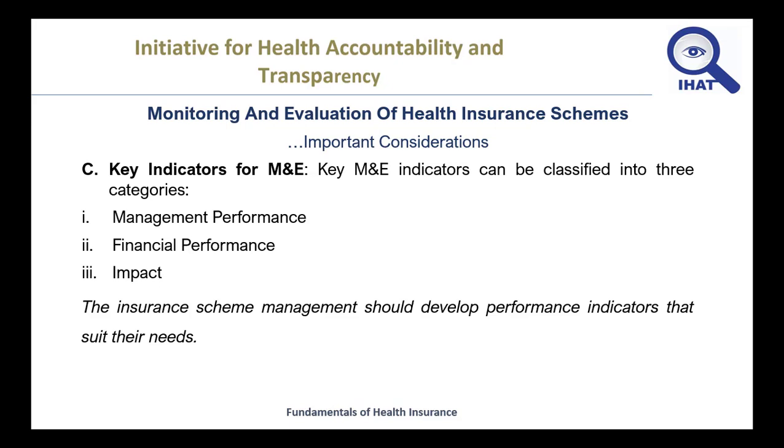Evaluating impacts of a health insurance scheme in terms of equity, efficiency, and effectiveness requires the use of analytical methodology that cannot be fully summarized in this presentation. Please note that public satisfaction is another important dimension.